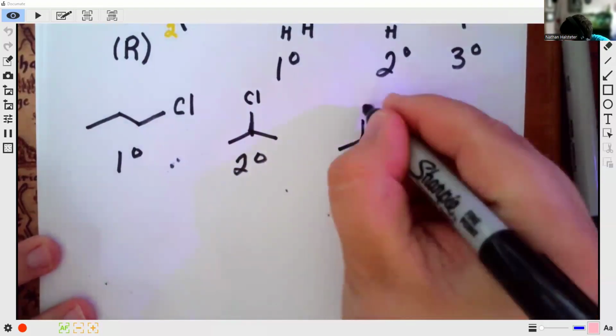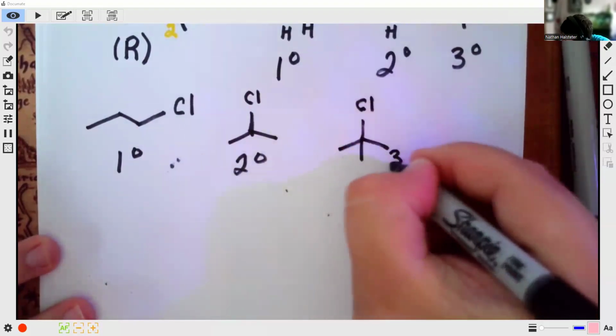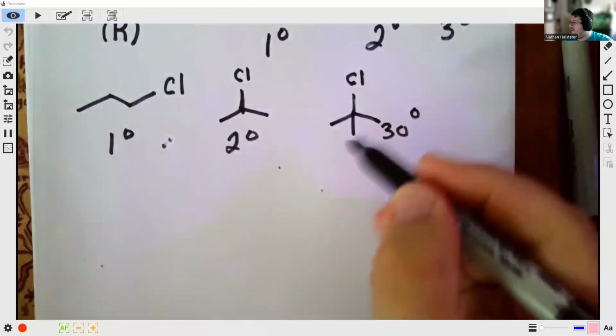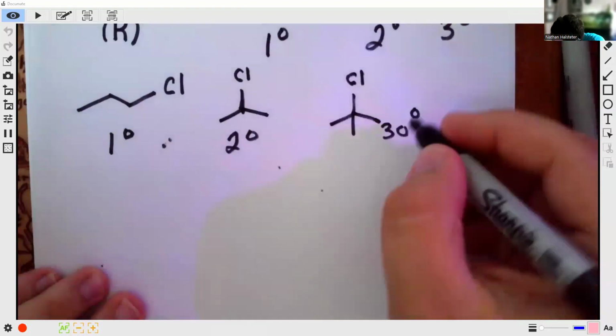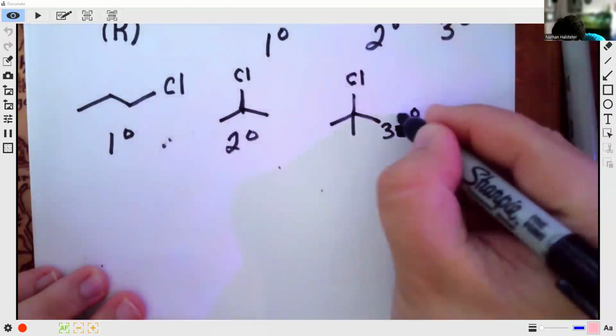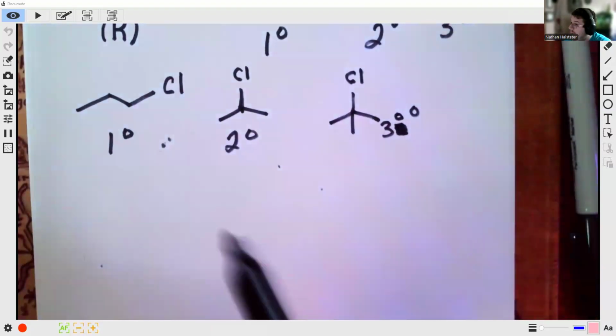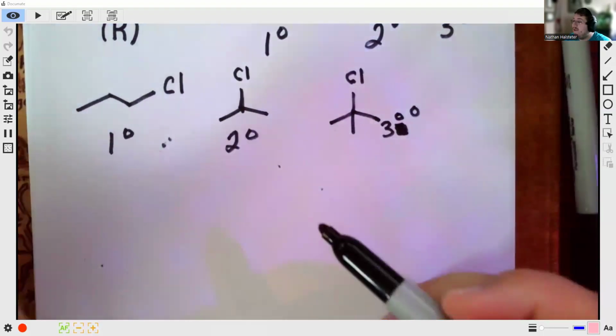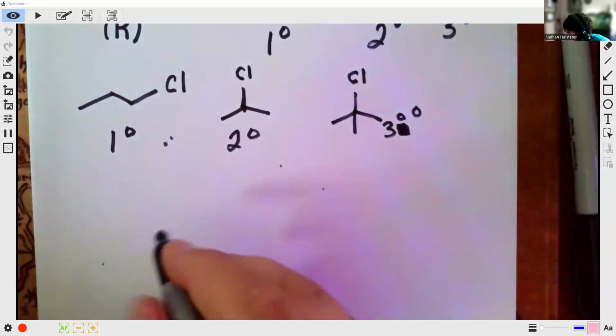This one here would be a tertiary alkyl chloride. All right, so I'm going to draw a molecule, and then you're going to have to identify what type of alkyl chloride we have.